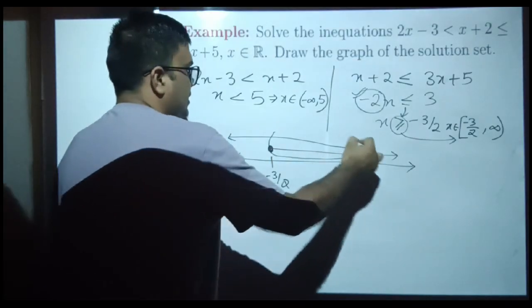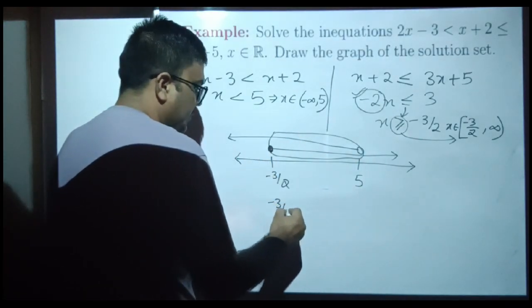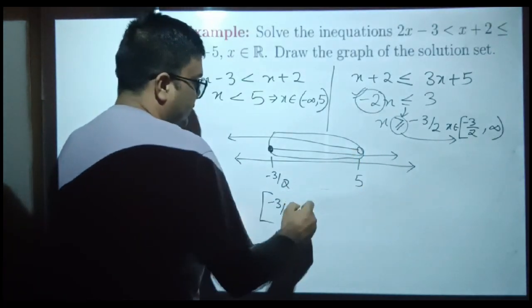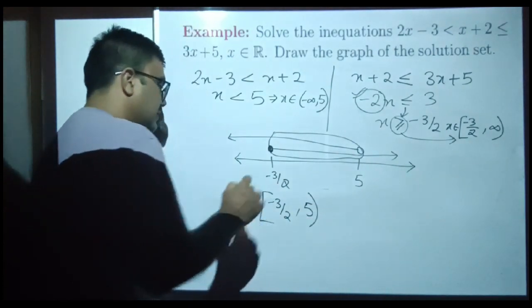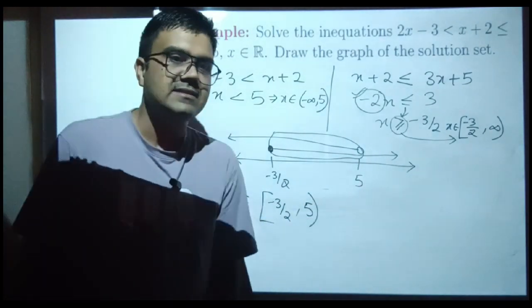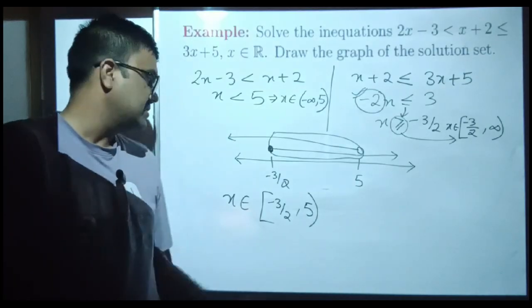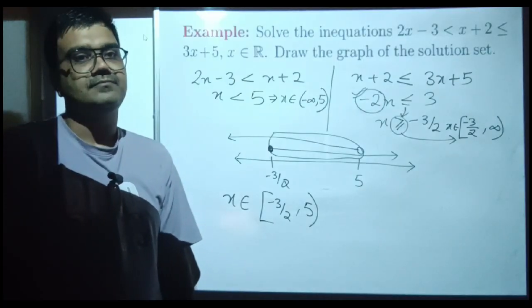This portion is common. This point minus 3 by 2 is included. This point 5 is not included. So x belongs to minus 3 by 2 to 5. This is the final answer for this case.